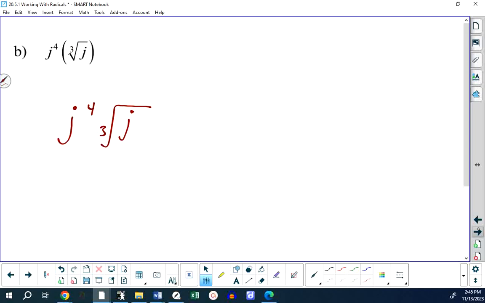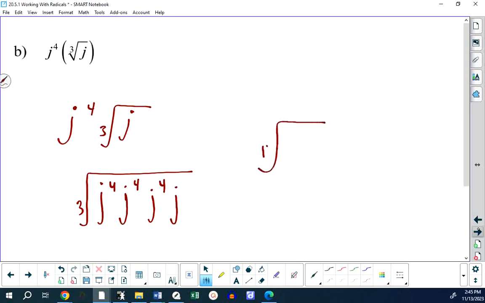Because what we have to do is when we move that j to the 4 underneath, we have to include 3 of them. If you move something from outside of a cube root to inside, you have to cube it. And that means j to the 4 times j to the 4 times j to the 4, and then times j, which is the cube root of j to the 13.